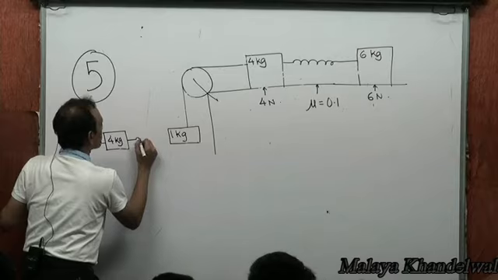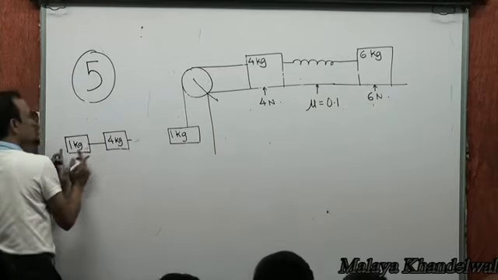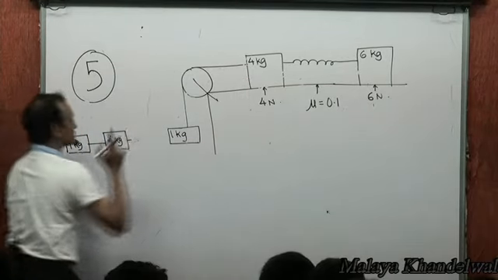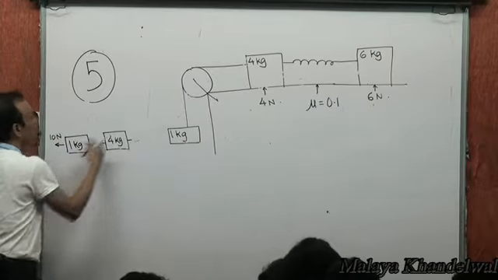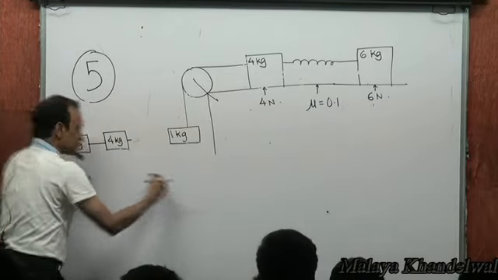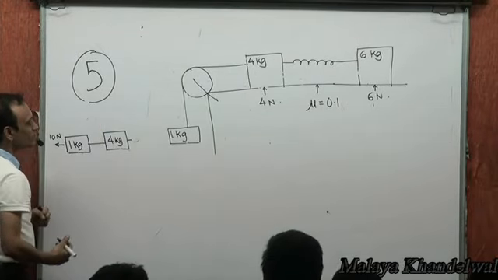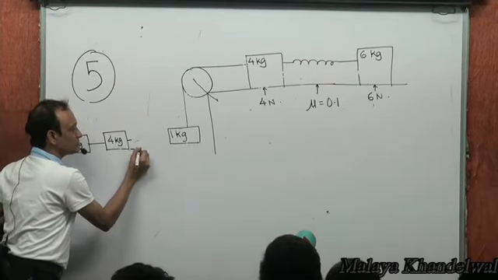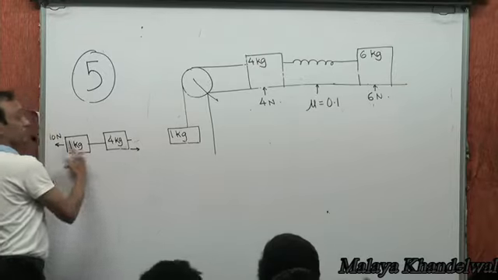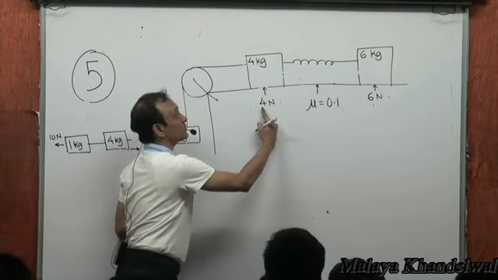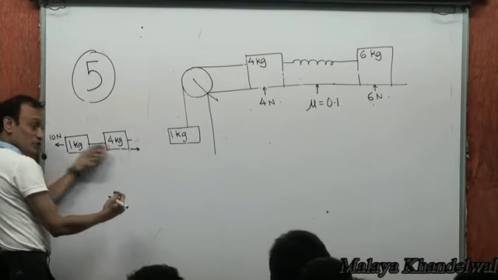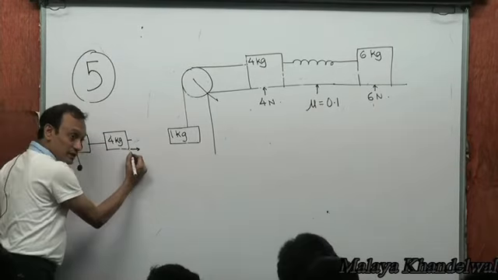Now, if I pull it with a 10 Newton force, the weight of this 10 Newton force, then the first thing that has to be overcome is friction, which is overcome because maximum static friction between this block and the ground is 4 newtons. That means this will move to the right, right?